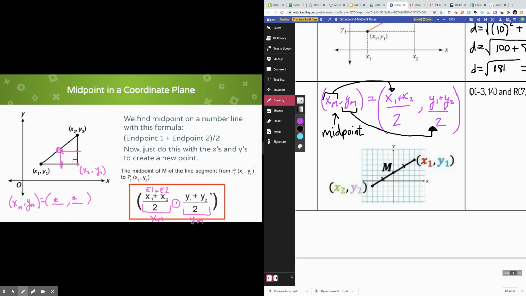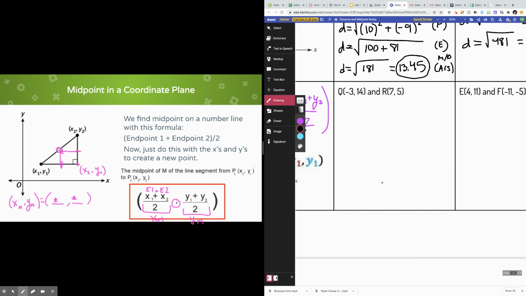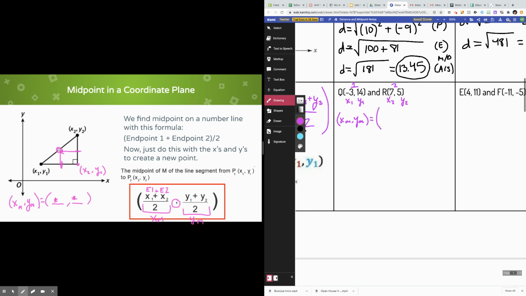Let's scroll over a little bit and do these two practice problems. Just like we did for the distance formula, we're going to label these points as point 1 and point 2: x1, y1, x2, y2. Then let's plug them into the formula.